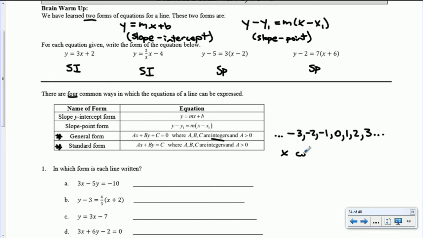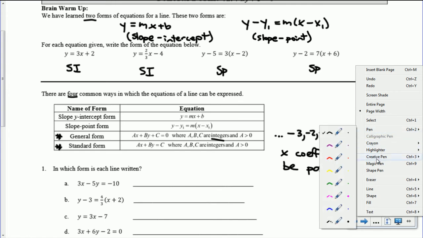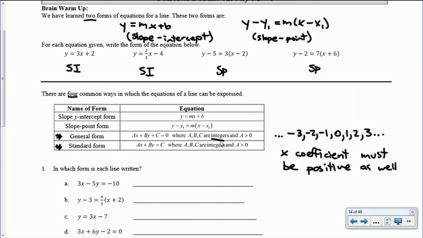So the x coefficient must be positive as well. So that's what that condition means.